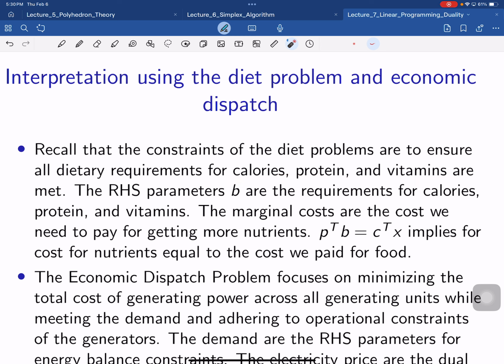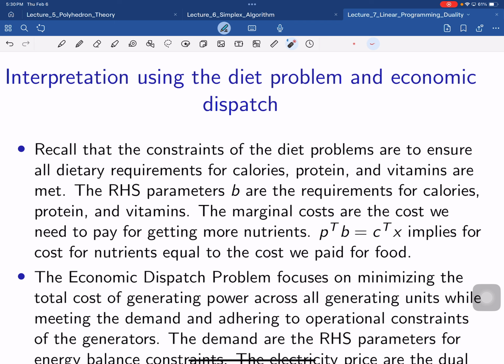The constraint is nothing but you sum over the consumption you have from each food, and then the nutrients you get has to be greater than or equal to the calorie requirement, the protein requirement, the vitamin requirement, and so forth. So remember the right-hand side parameter B for that diet problem are the requirements for calories, protein, and vitamins.